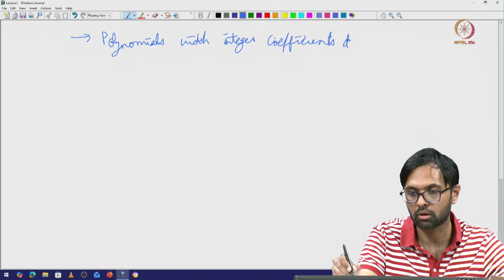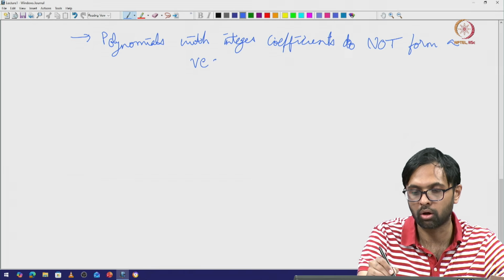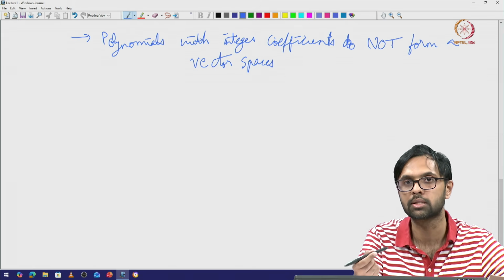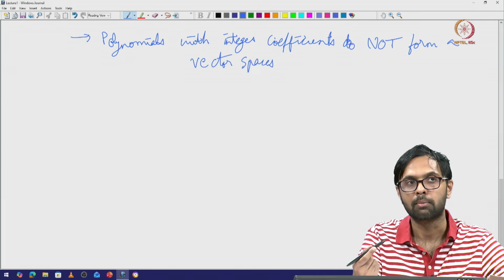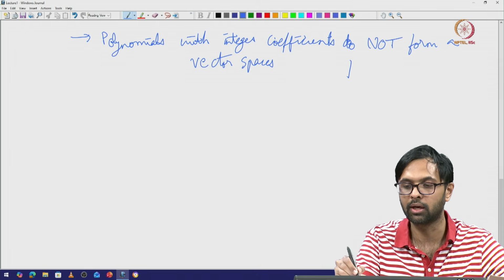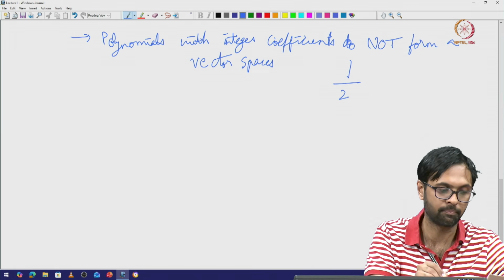But why do they not form a vector space? Because vector spaces need the scalars to come from fields. In other words, you must be able to divide by the scalars as well, and if you divide 1 by an integer, this is no longer an integer, right? So that's the problem.